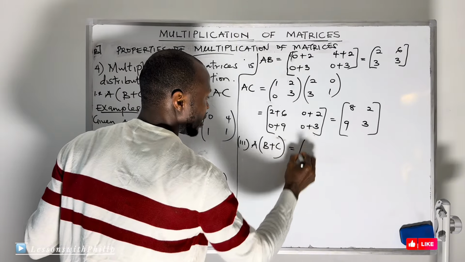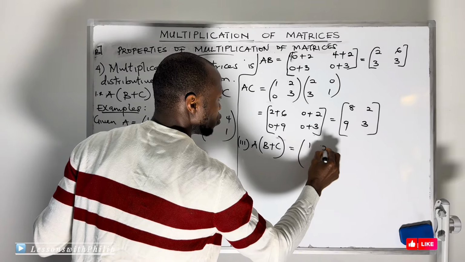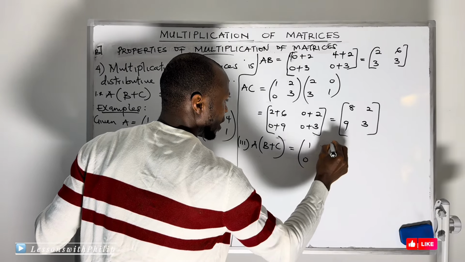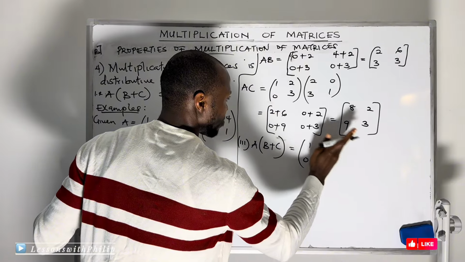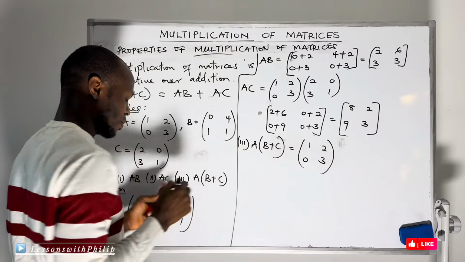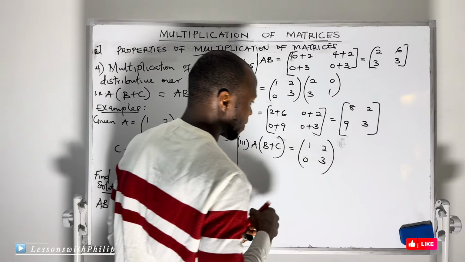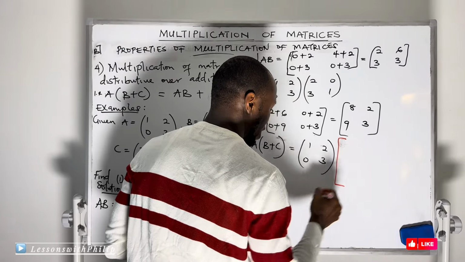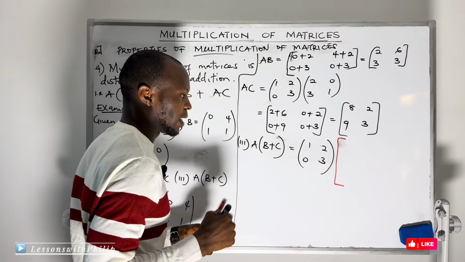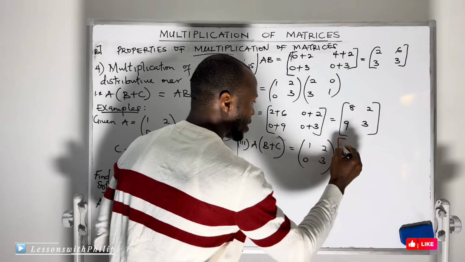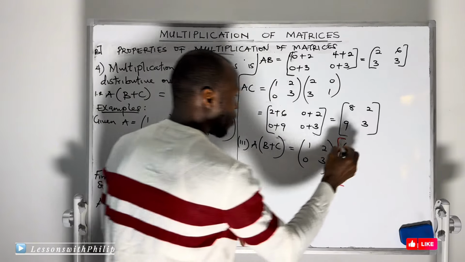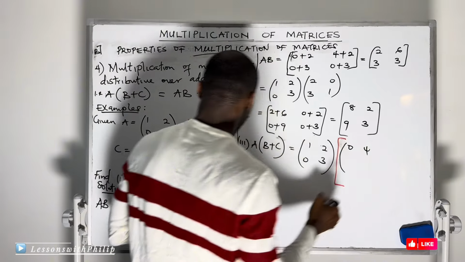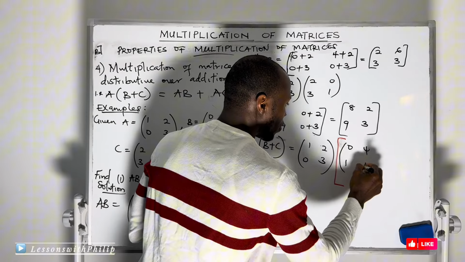My matrix A is 1, 2, 0, 3, multiplied by, allow me to use a big bracket to specify this, B plus C. So my B is 0, 4, 1, 1.